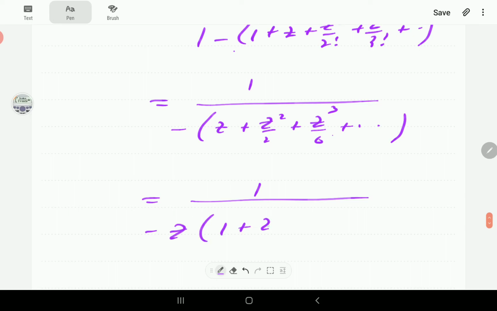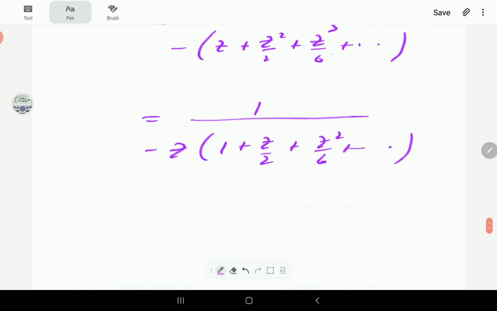It's going to be 1 plus z over 2, z squared over 6, etc. Now we notice that 0 is a simple root of the denominator, because this is to the power of 1.